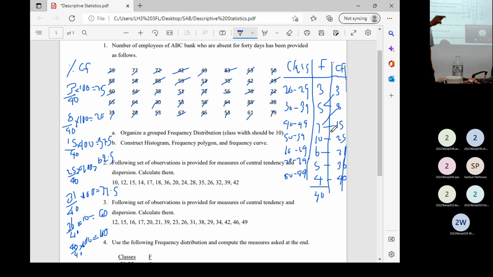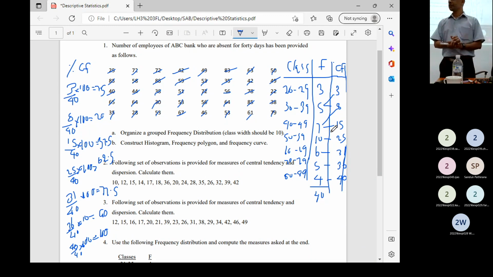Right, now when you use this distribution, there are some important terms you want to identify. First we write down practical limits. What is meant by practical limits?